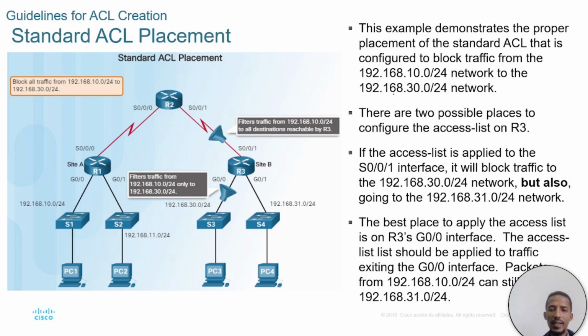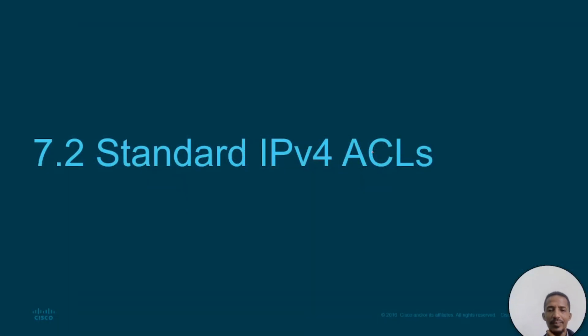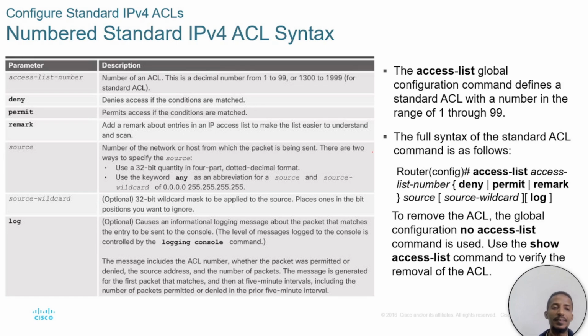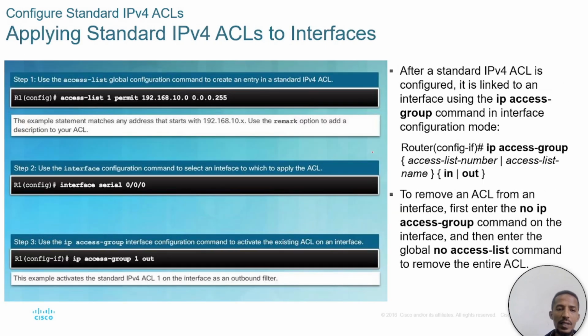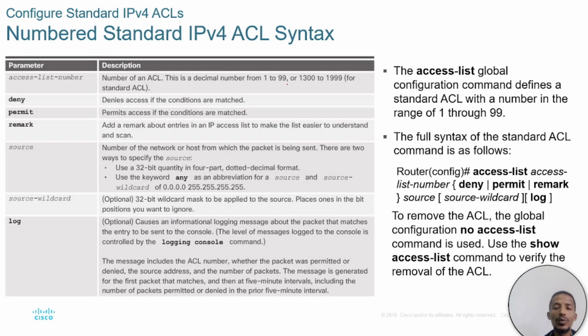So for example, I think we have discussed this one. How do you create an access control list? If you want to create an access control list, you can use this command. You say access-list, then you say the access number.